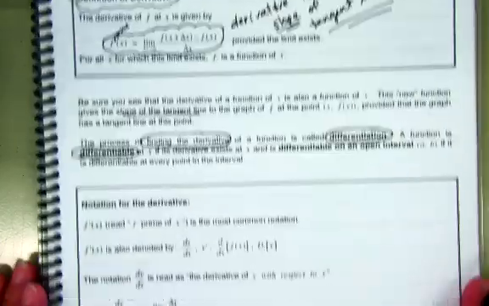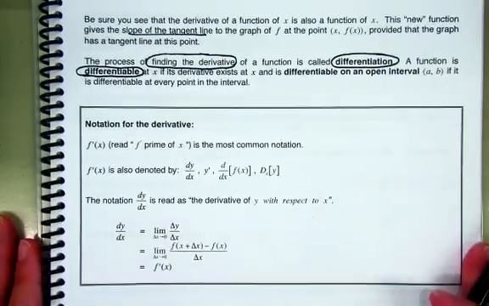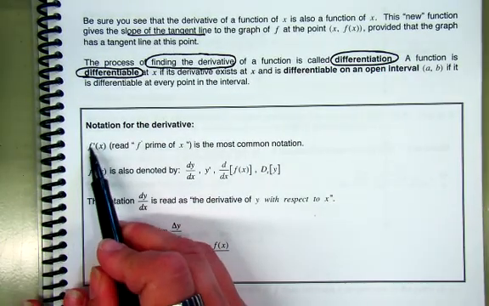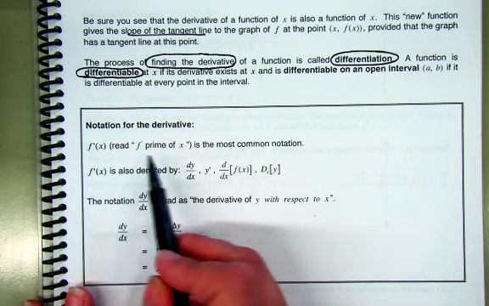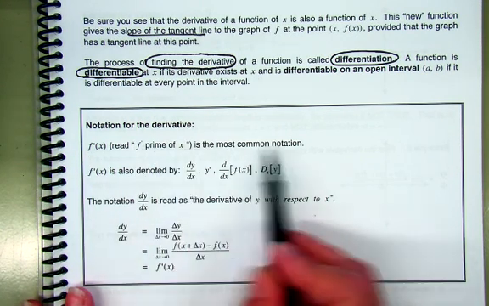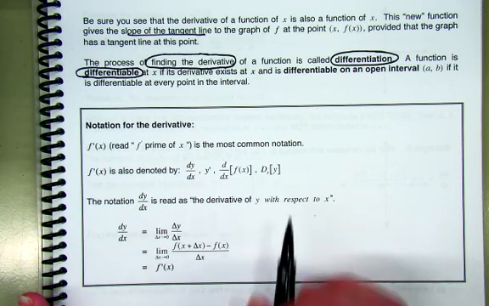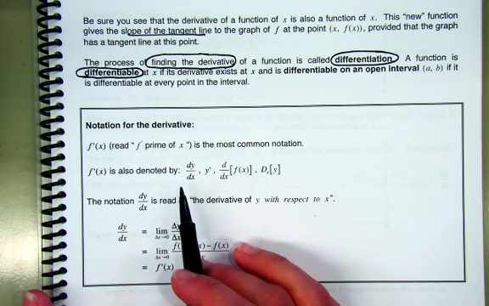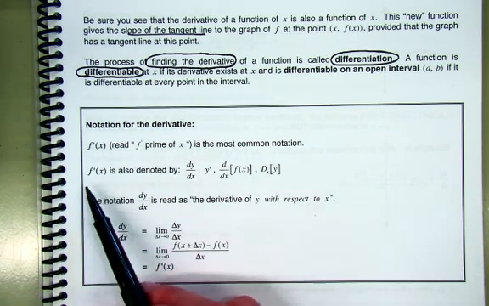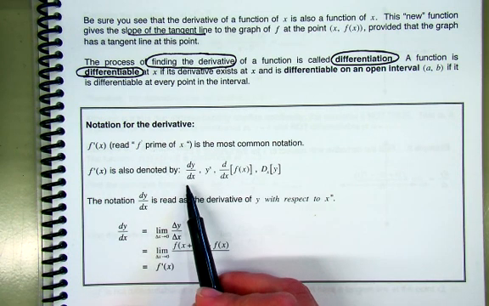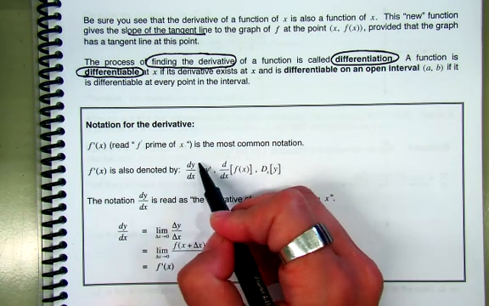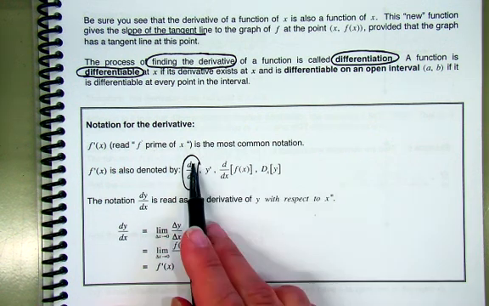Okay, notation for derivative. I just talked a little about this. With that little tick mark, that little apostrophe, f prime of x is the most common notation. There's a lot of other notation here, okay? Other times, instead of f prime, you're going to see dy dx. That also just means derivative of y with respect to x.